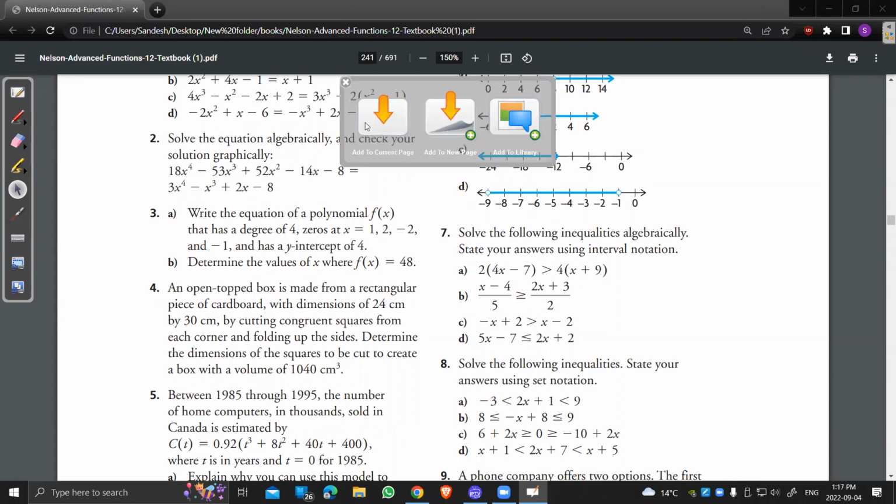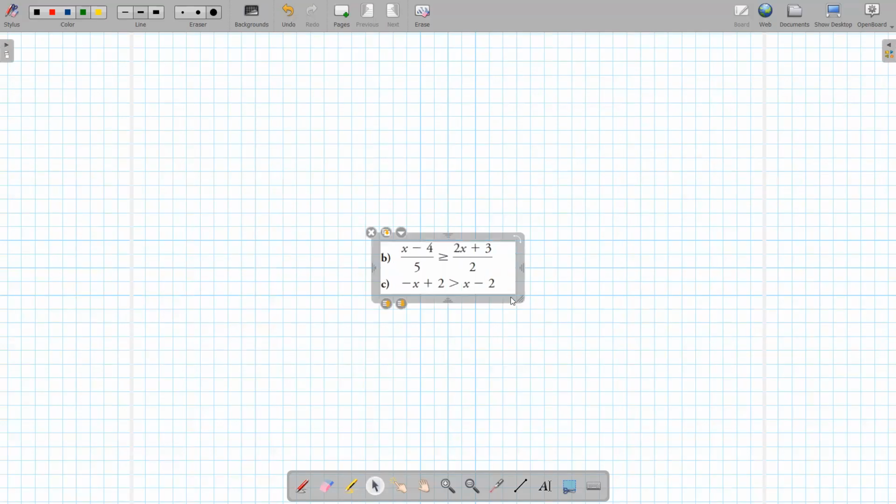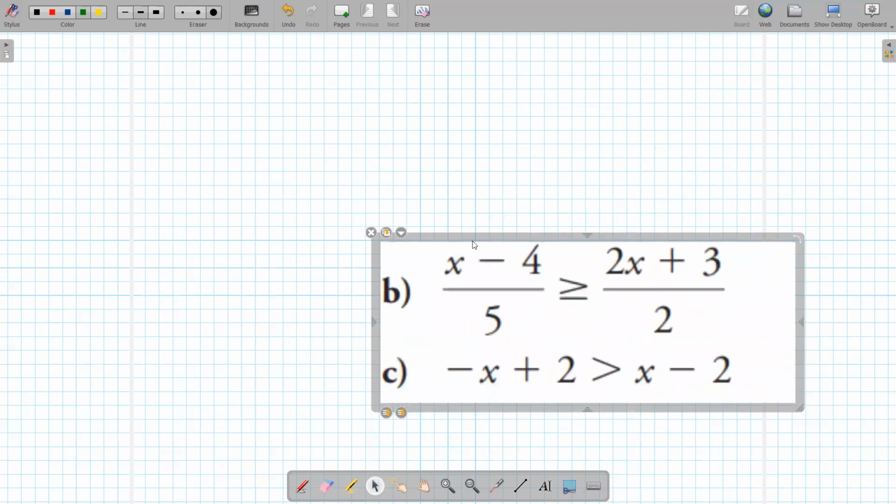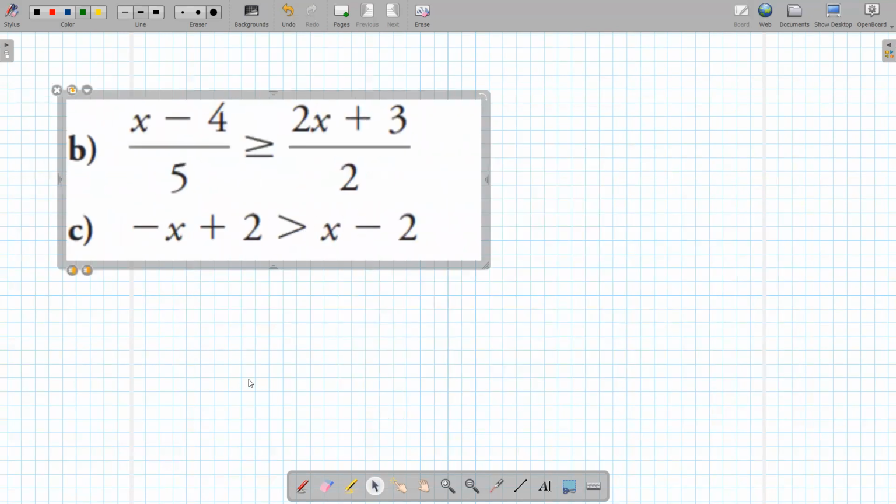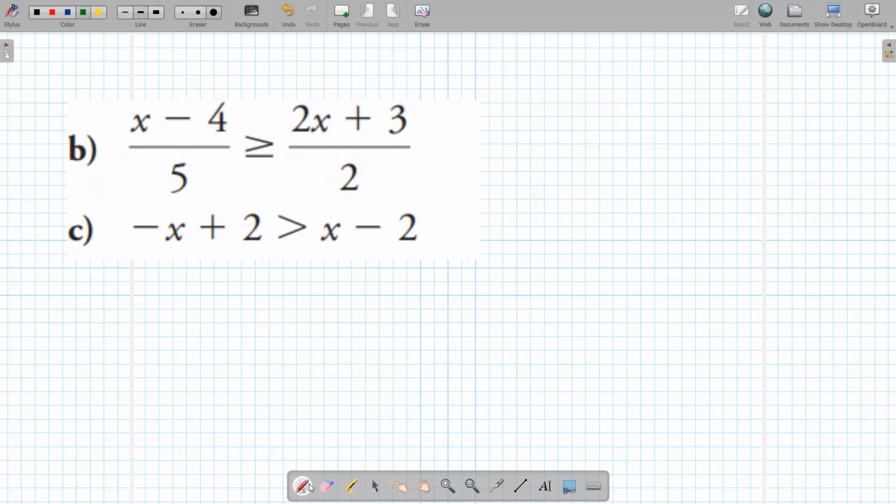Let's try doing one or two of these. For B, what's the first step? Multiply by 5. Yes, so if you multiply by 5, what do you get on the other side?